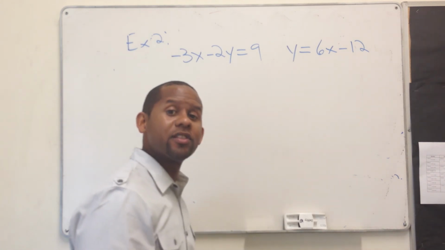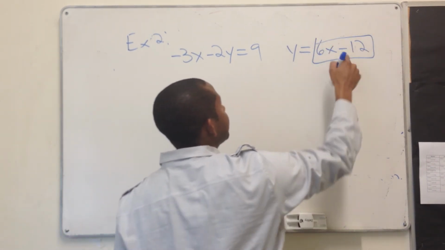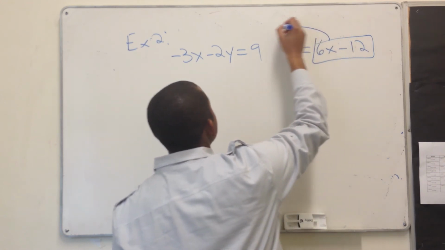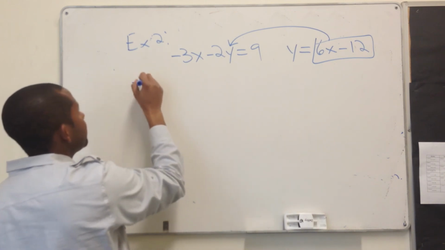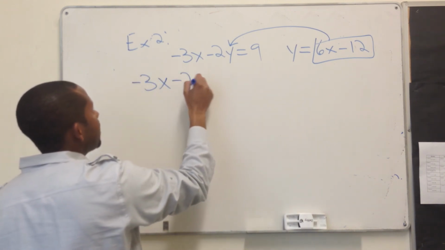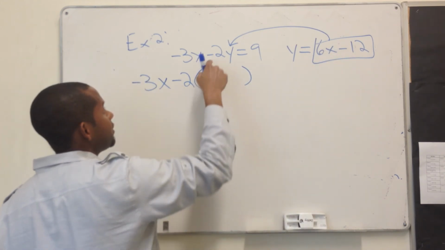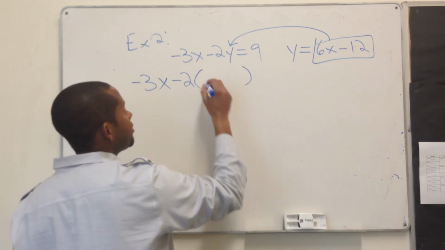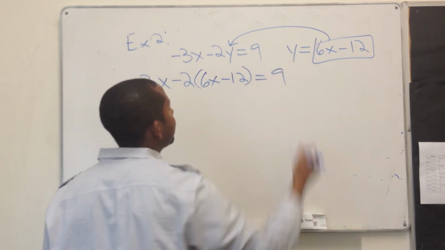Which of the variables is isolated? In this case, it's y. Y equals 6x minus 12. So I'm going to plug that in here and replace the y with 6x minus 12. Negative 3x minus 2, and what I put in place of y is 6x minus 12, and that all equals 9.